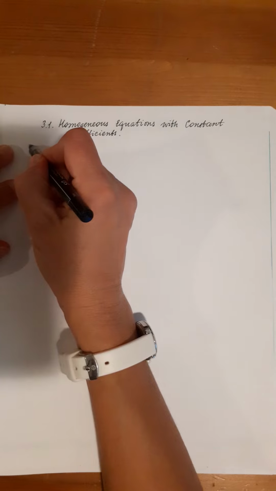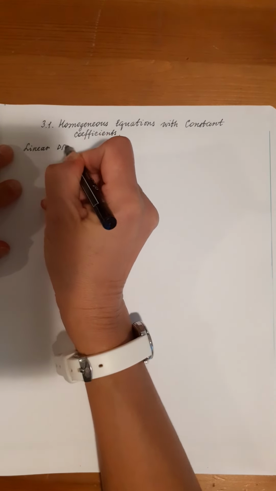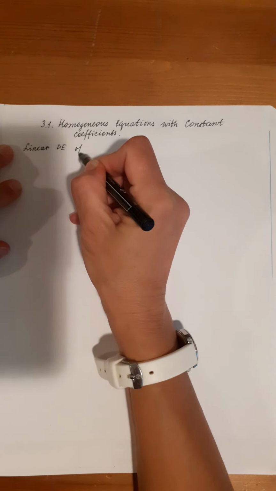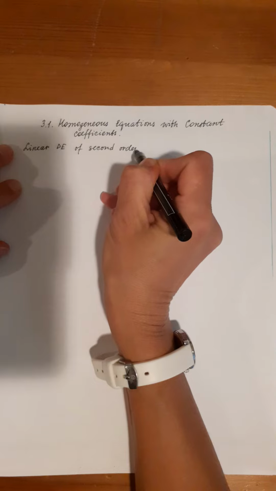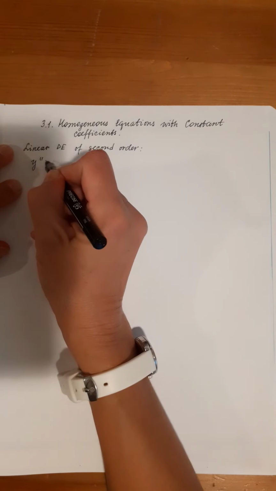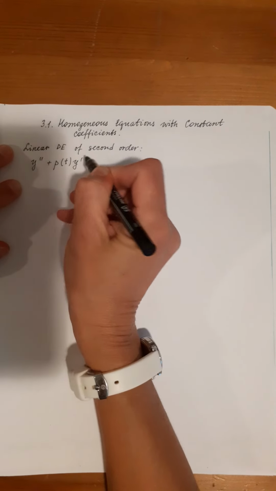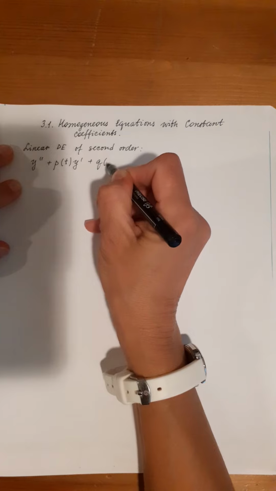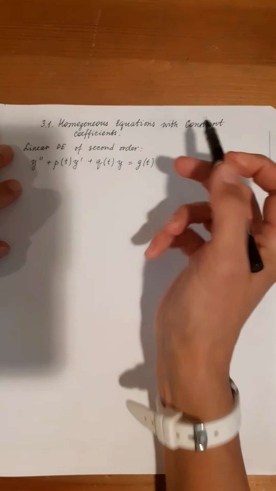What is a linear differential equation of second order? Well, it usually looks like this: second derivative y plus p of t first derivative plus q of t function equals g of t.